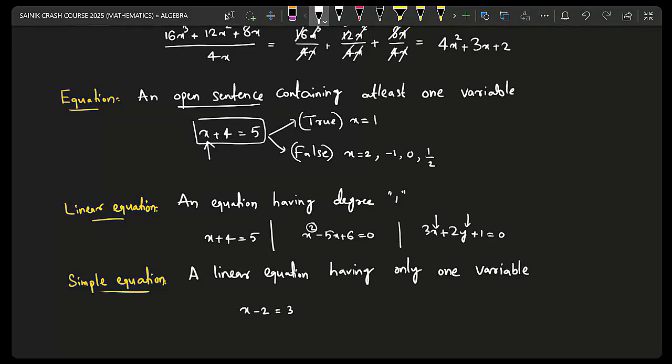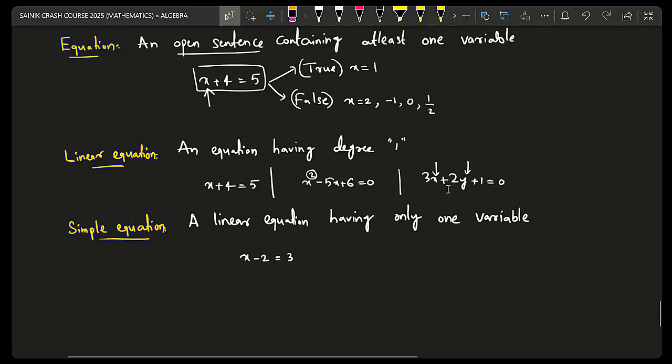For example, let me take 2 into x minus 2 is equal to 2x minus 4. This is not an equation, it is an identity. Why? Because you take any value in place of x, this is always true. False is never possible. That's why this is called identity, not equation.